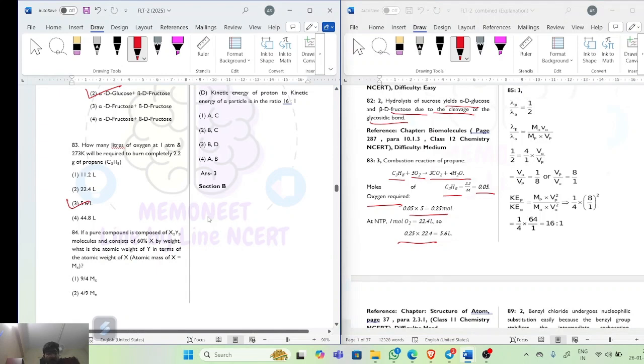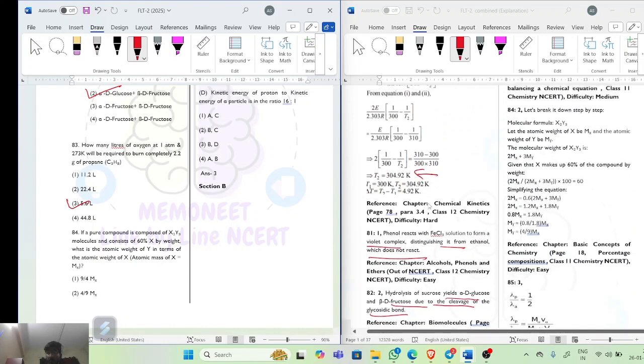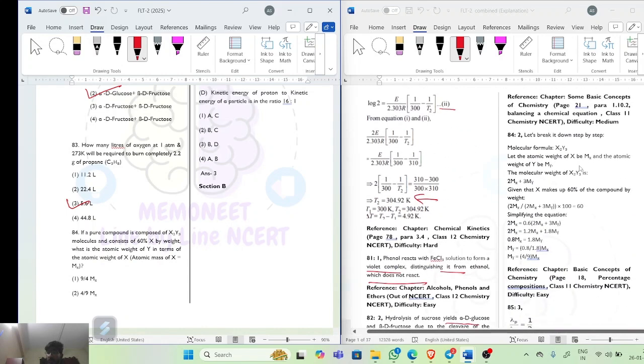Now question number 84. If a pure compound is composed of X2Y3 molecules and consists of 60% X by weight, what is the atomic weight of Y in terms of the atomic weight of X? First of all, the given molecular formula is X2Y3. Let the atomic weight of X be mx and the atomic weight of Y be my. So the total molecular weight will be 2mx plus 3my. Now we are given that X makes 60% of the compound.